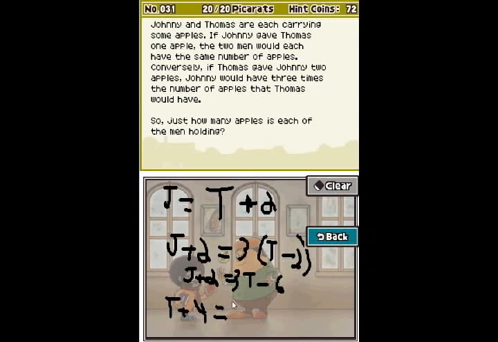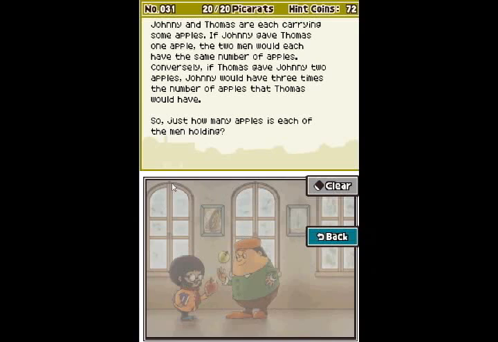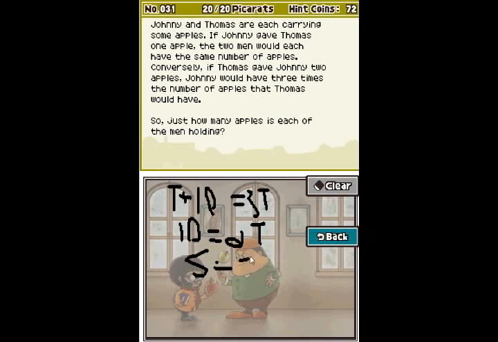We need to figure out what T actually equals here. So we add 6 to each side. T plus 10 equals 3T. Subtract the T. T plus 10 equals 3T, so 10 equals 2T. So 5 equals T.